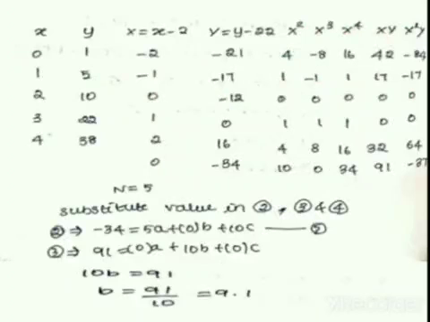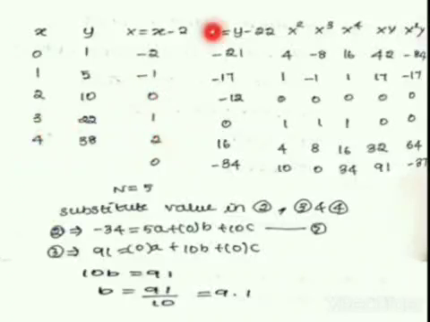Let us construct a table. Our first column is the given x values, the second column is the y values. We are going to find the value of capital X, which is x minus 2, so we have to subtract 2 from our x value. So 0 minus 2 will be minus 2, 1 minus 2 will be minus 1, 2 minus 2 is 0, 3 minus 2 is 1, 4 minus 2 is 2.